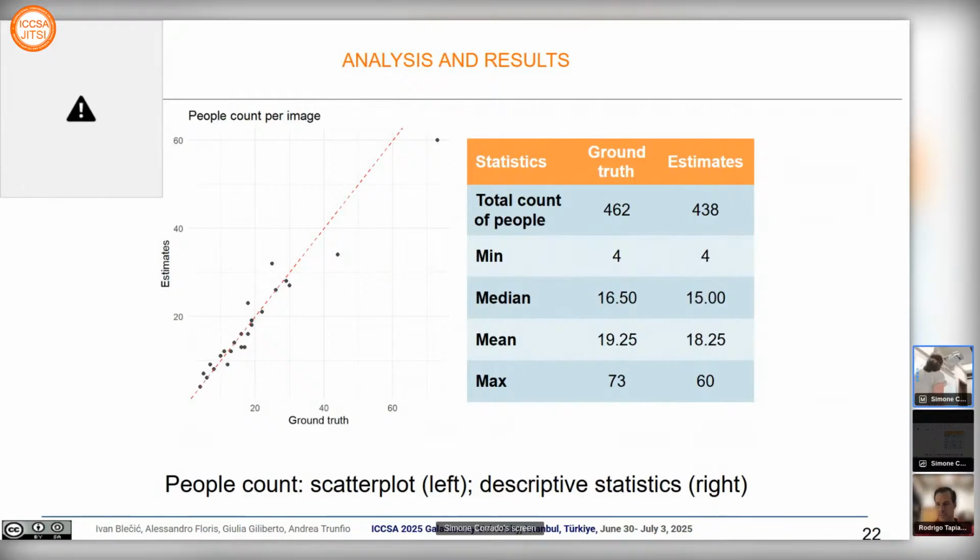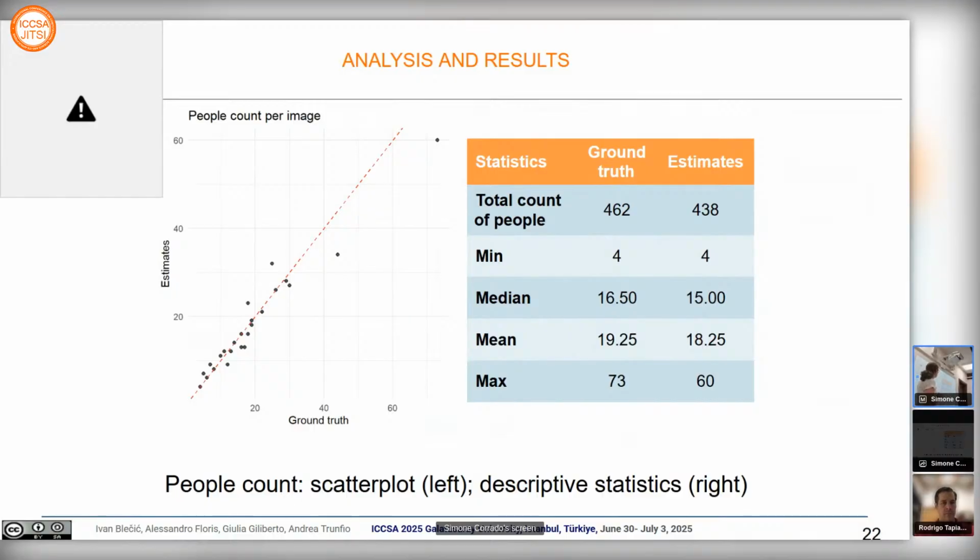So I will show you the results of the comparison. In this case, we have people count per image, and on the left side we can see the scatter plot and the distribution of results, and the pattern is following the line, so it's a good result.